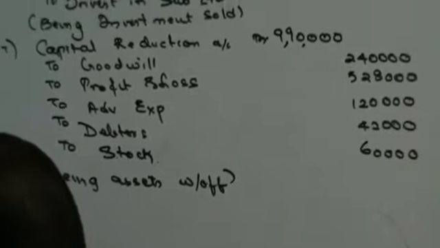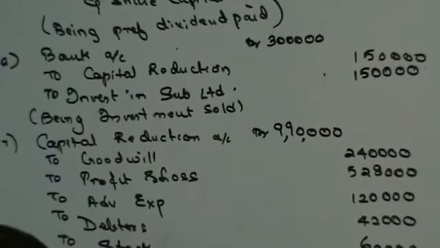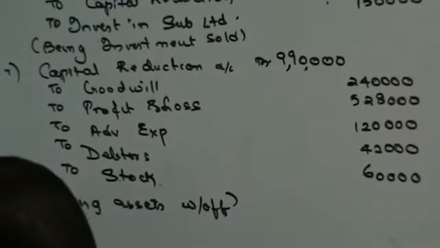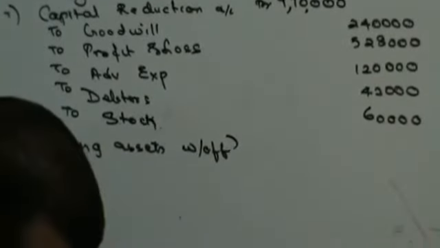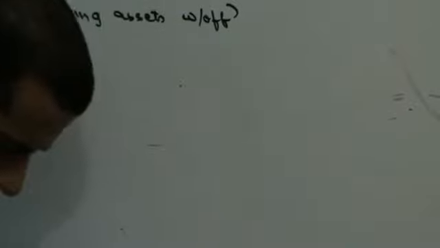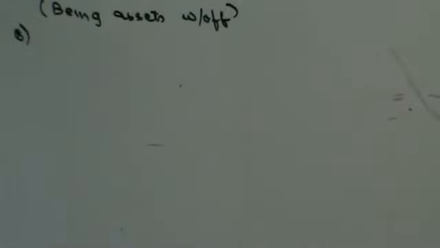Debenture holders to take over one of the company's property, book value 1,08,000 for 1,20,000. Now, property. The only property that is there in the balance sheet is land and building. Now they are taking over 1,08,000 worth property for 1,20,000. That means the value of asset is going up. Asset going up means capital reduction on the credit side.